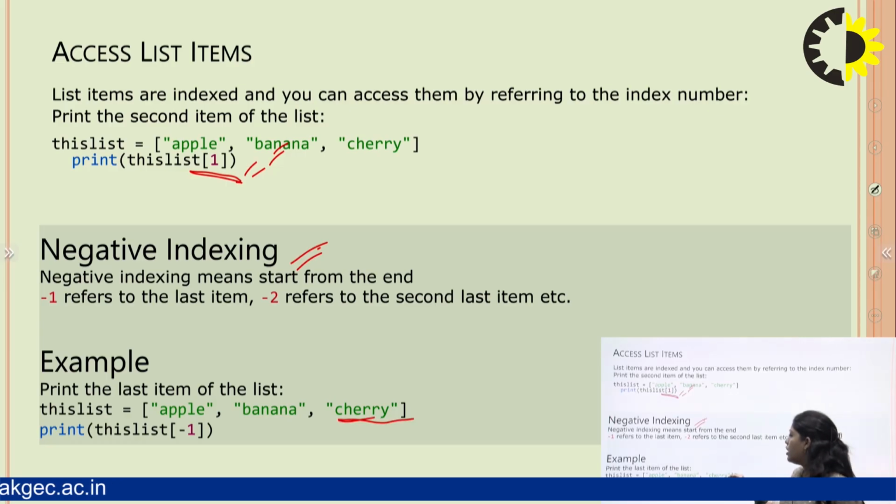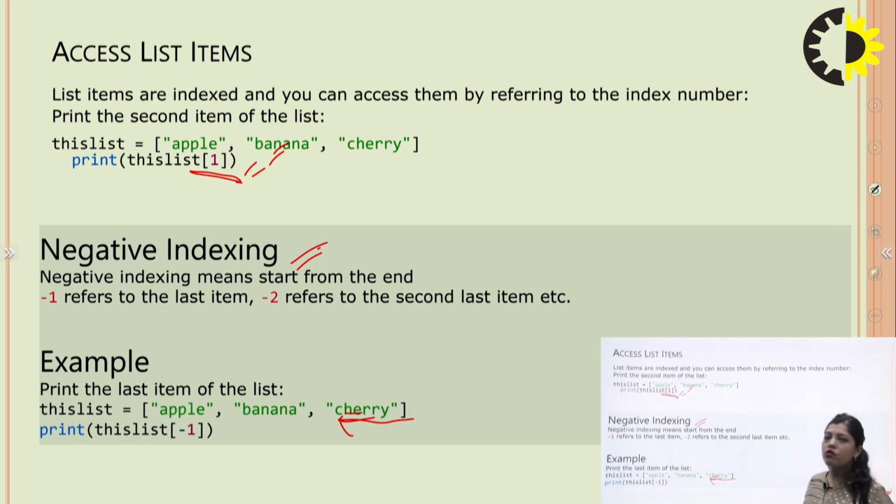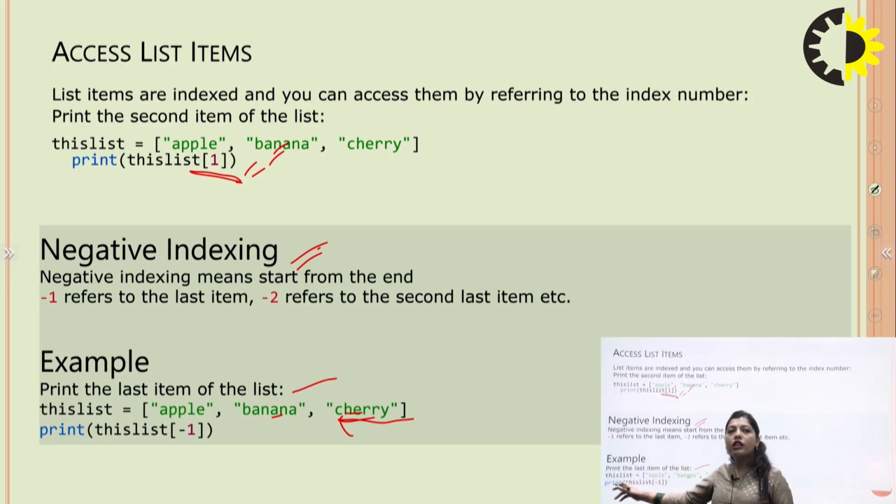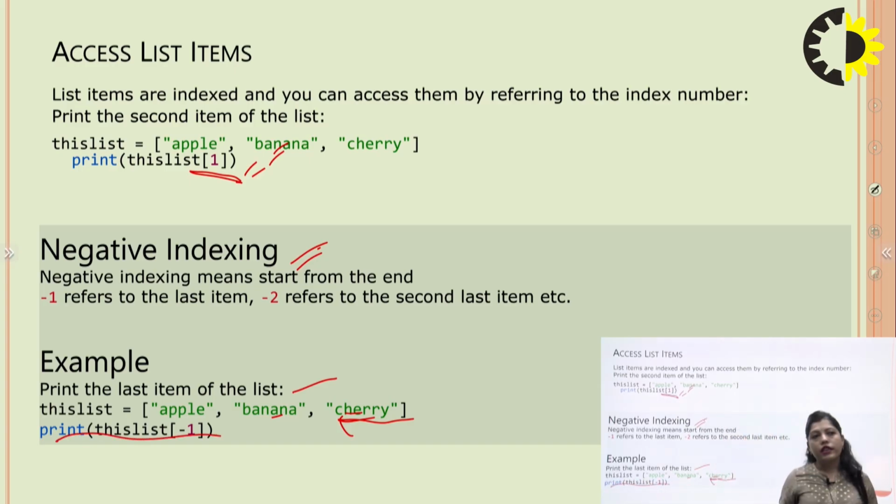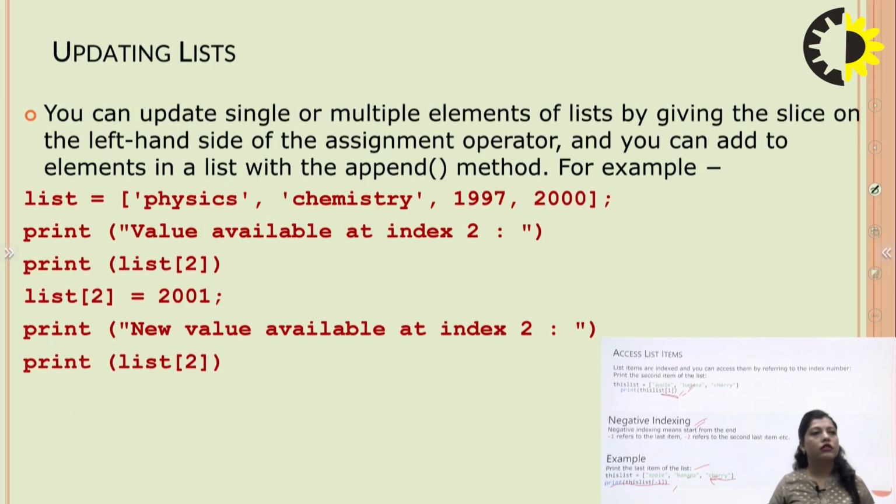For example, -1 refers to the last item and -2 refers to the second last item. So print the last item of the list. If we want to print the last item of the list, then we can write print this list -1. So the output is cherry.